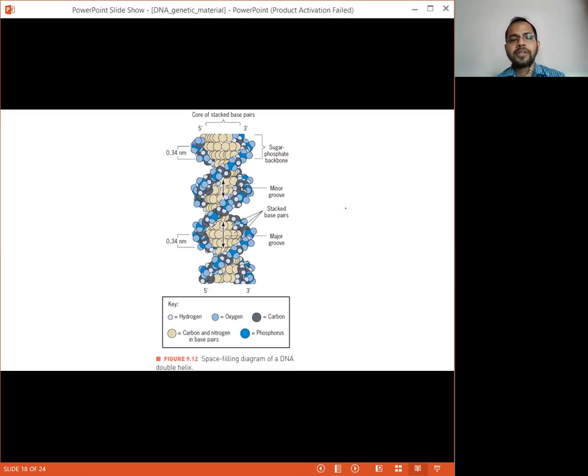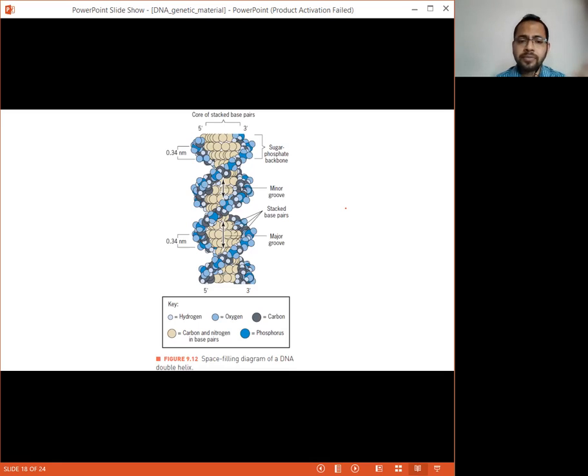You can see hydrogen, oxygen, carbon and nitrogen in the base pair, and phosphorus. All these are marked by different colors, and thus this is known as a space filling diagram. Sometimes you will find ribbon-like diagrams in the case of protein or DNA.